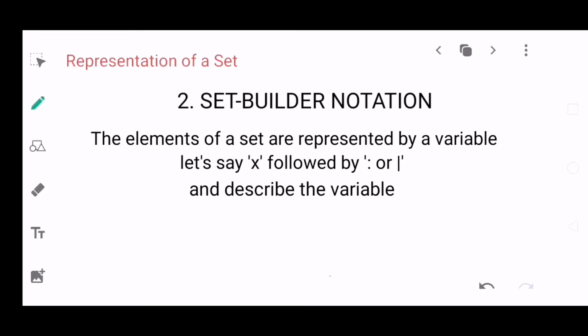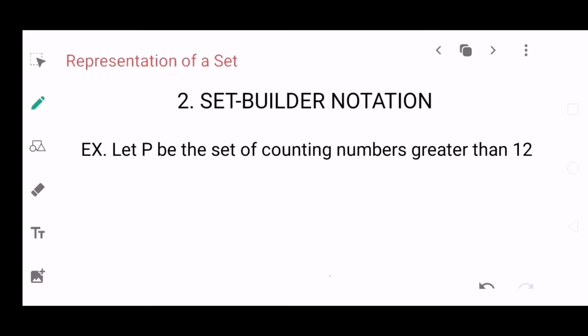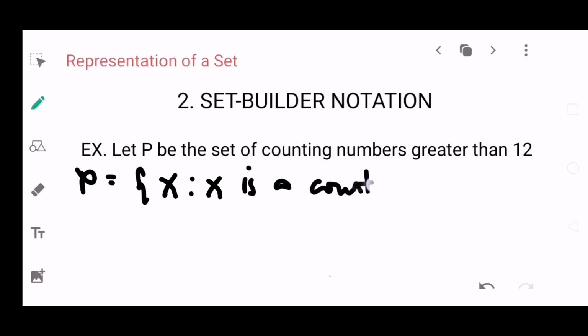So how are we going to do this? Let's say, for example, we have set P containing the elements of counting numbers greater than 12. So we will have set P containing x such that, let's describe now x. x is a counting number greater than 12.